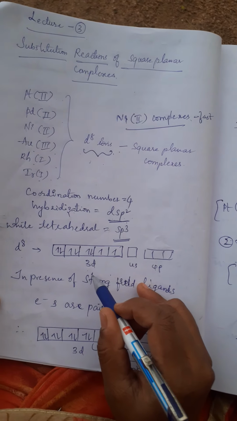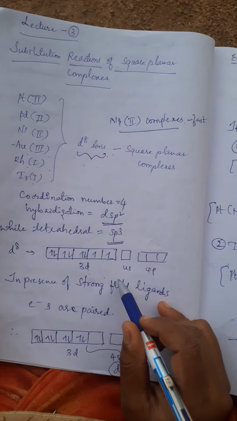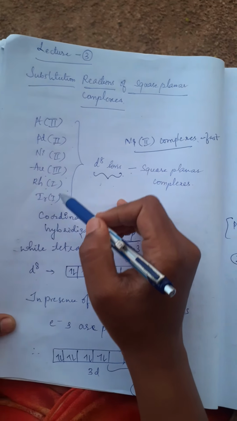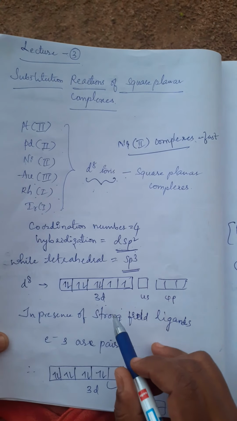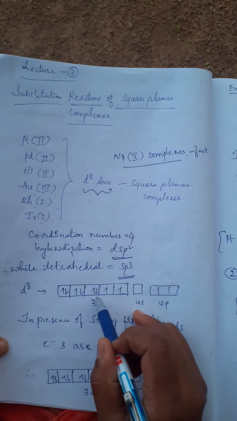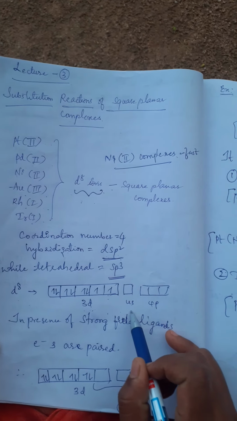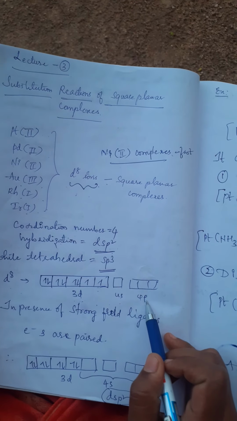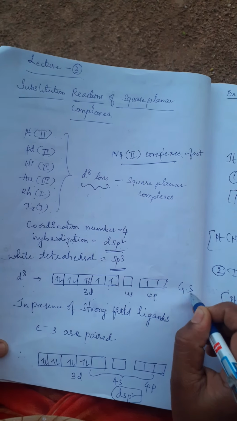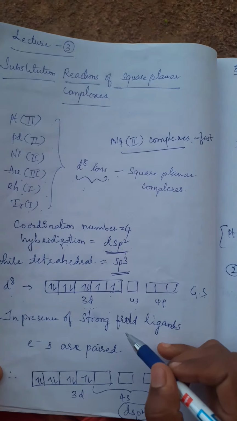Take the 3d valence electronic configuration of, suppose, nickel. All these elements have a d8 valence electronic configuration. In 3d8, 8 electrons are arranged like this, 4s is empty, and 4p is also empty. This is the ground state electronic configuration of the corresponding metal ions.